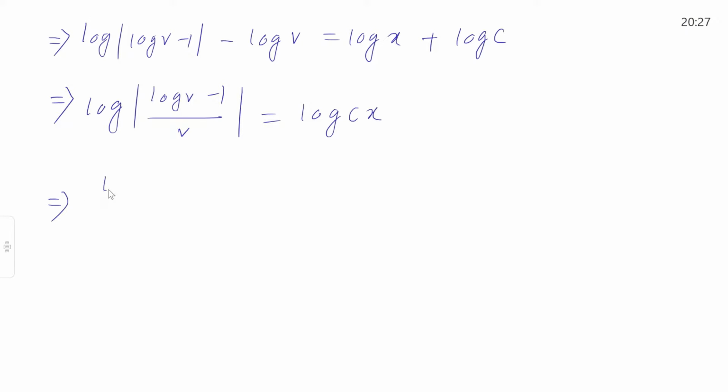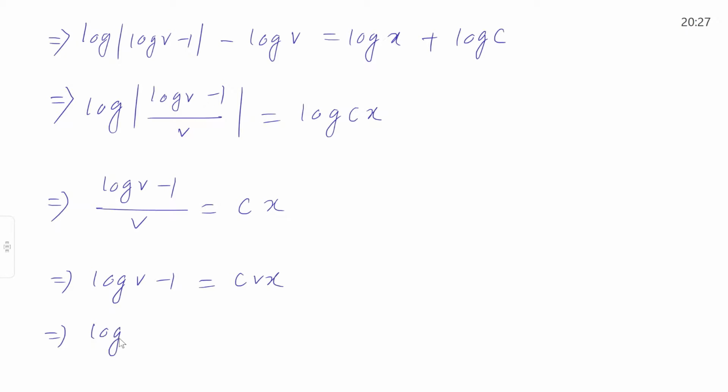Eliminating log, log of v minus 1 by v equals simply cx, v is going there, it is v minus 1 is equal to c into vx. Now v is y by x, so I write y by x minus 1 is equal to c, vx is y, so you may leave the answer here.